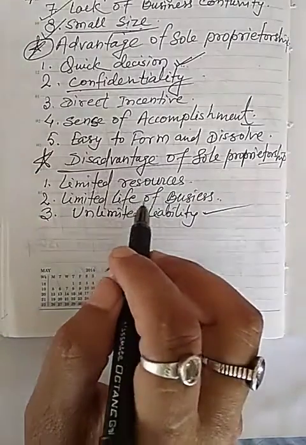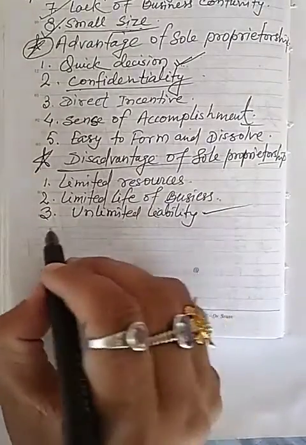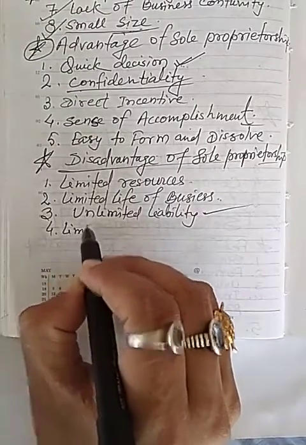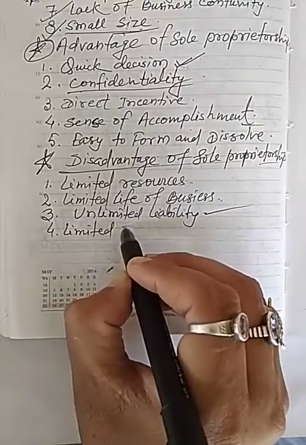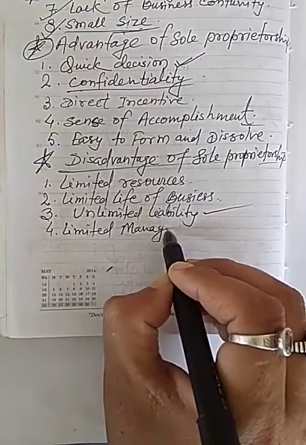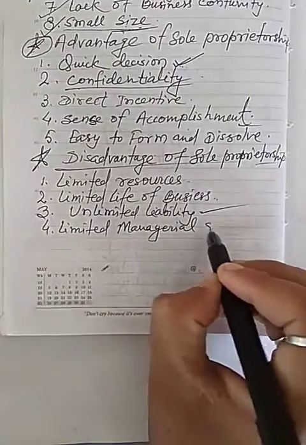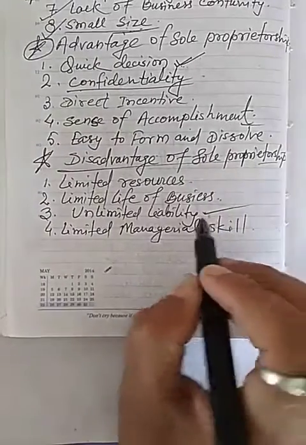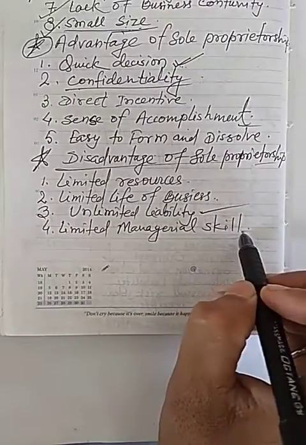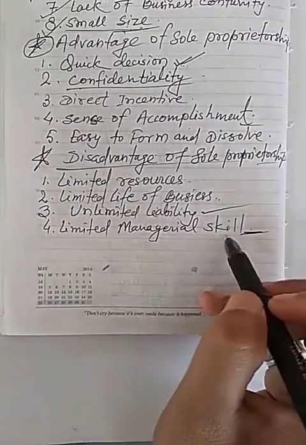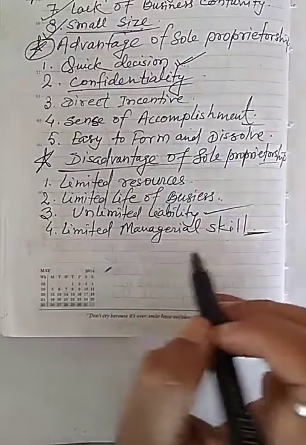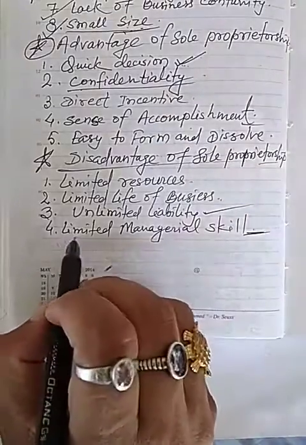So now last point is limited managerial skill. In a sole proprietorship firm, all the activities are performed by a single individual. A single individual cannot be expert in all the fields.